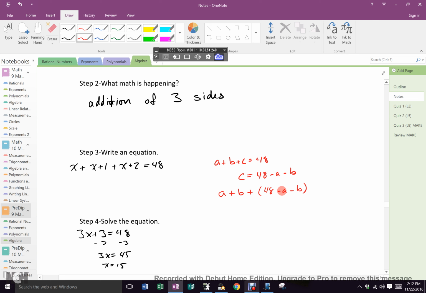What's A minus A? 0. What's B minus B? 0. So I'm left with 48 here, right? And what was left on the other side? 48. Does 48 equal 48? Yeah. Did it tell us anything?